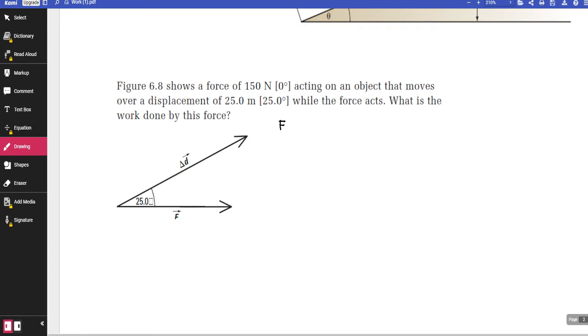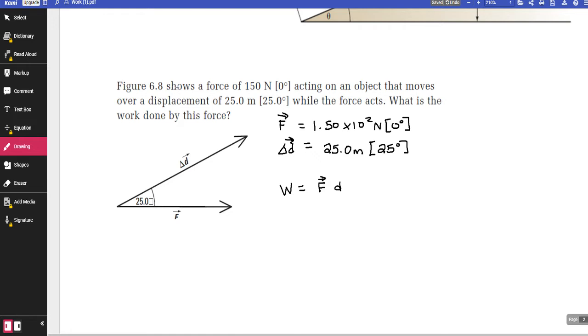Well, we're told that our force is equal to 1.50 times 10 to the 2 newtons, 0 degrees, and that our displacement is 25.0 meters, 25 degrees. We're going to use our work formula. So work is equal to F d.